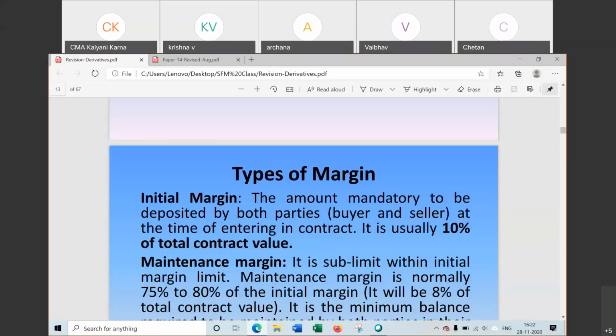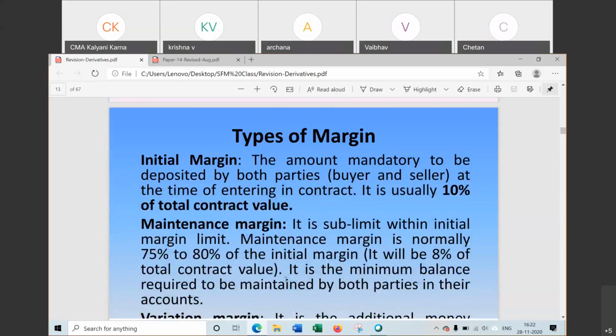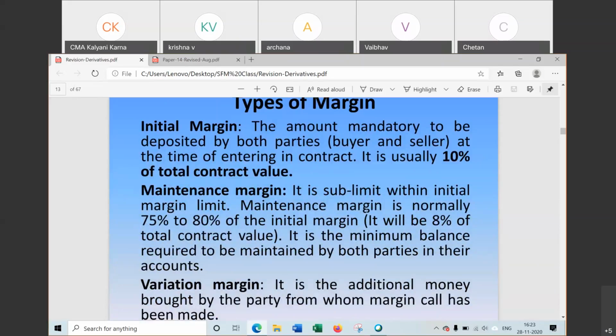Initial margin, that is the minimum amount to be deposited by buyer and seller at the time of entering into the contract. It is generally 10% of the total future value. Now maintenance margin. Maintenance margin is the minimum amount that should always be present in the margin account.